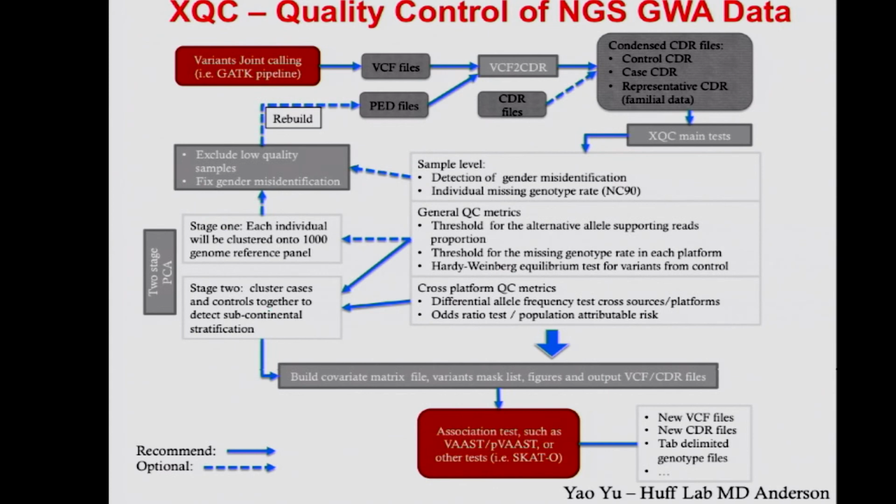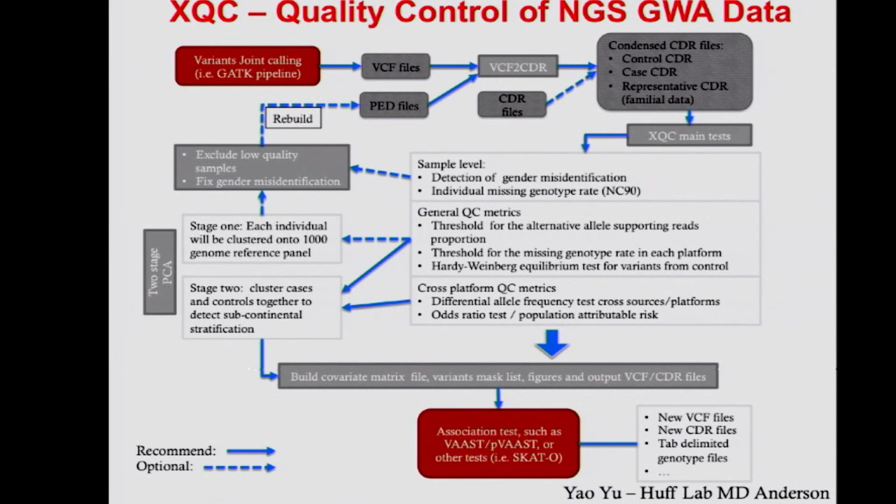And then it does a two-stage PCA, principal component analysis, to help determine the primary variables, the primary covariant components in the data set, and it'll build a covariance matrix file for you as well as a variant mask data set. In some cases, you might exclude some low-quality samples, fix some gender misidentification, and run it back through the pipeline.